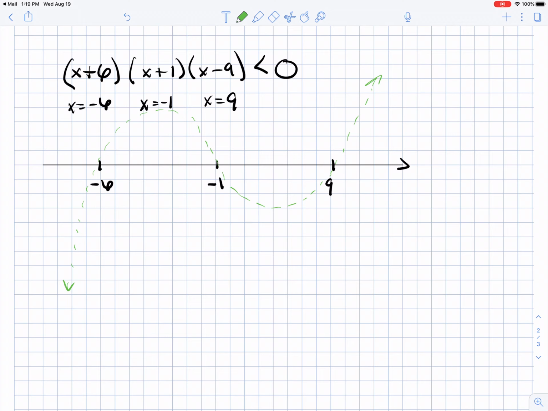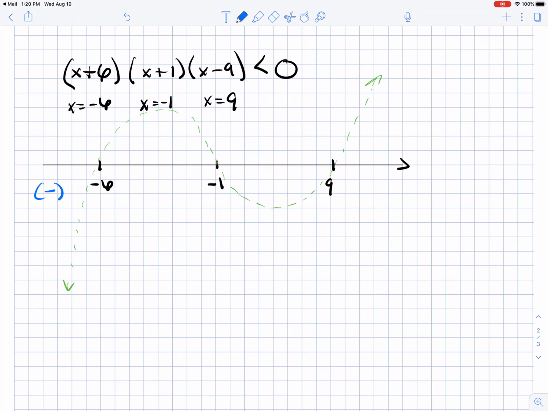Once we have our key numbers, all we do is choose a test point. To the left of negative 6, we choose negative 7. Plugging it into the original, we get negative, negative, negative. A triple negative is negative, so everything to the left of negative 6 is below the x-axis.